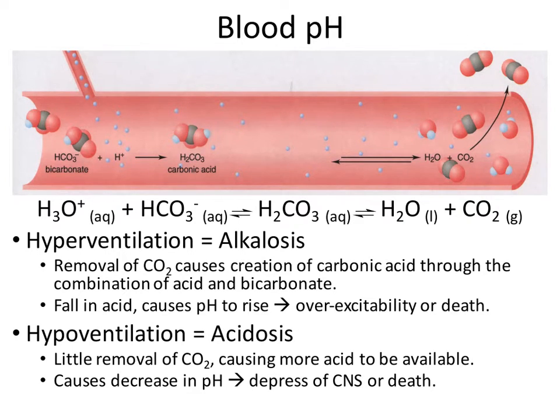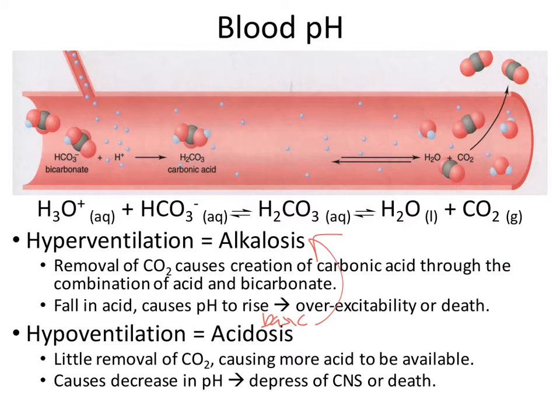And the only way I can create it is by joining bicarbonate ion and our hydrogen proton to create this acid. And effectively what I'm doing is I'm removing some of this H+ to produce this carbonic acid. Once I remove this, my pH is going to rise, aka become more basic. It becomes more basic, and that's another name for alkaline. And so eventually, if this happens, it can lead to overexcitability or even death.